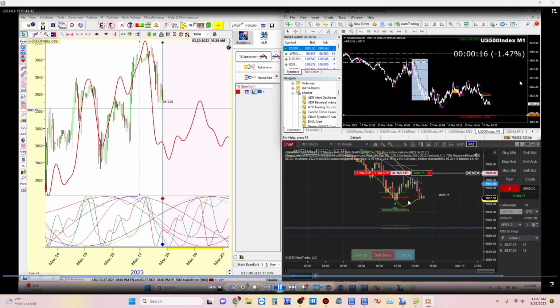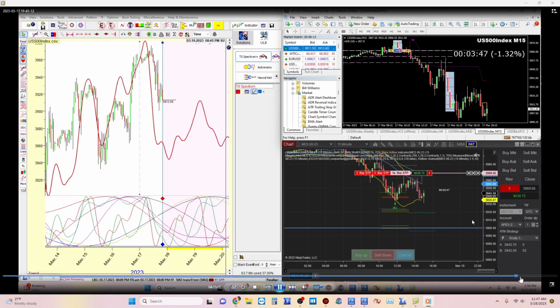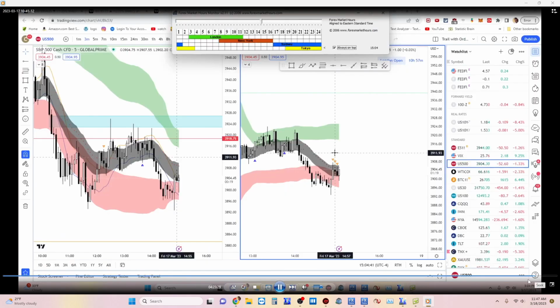I'm really debating: is it equal lows, or is it going to go to this yearly open? We got a test of the lows, and I'm like, is it going to go lower? Let's wait. And lo and behold, equal lows. I'm coming more and more to the conclusion as time goes on that that's it. And we're getting close to 3 p.m. 3 p.m. is usually when I cut everything.